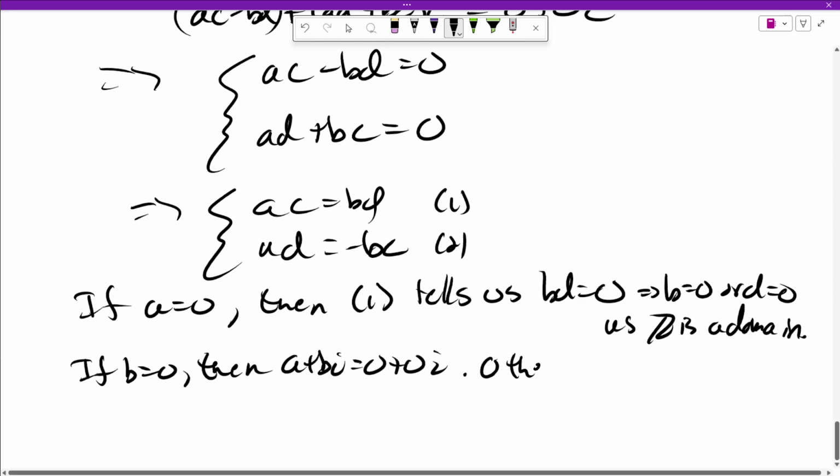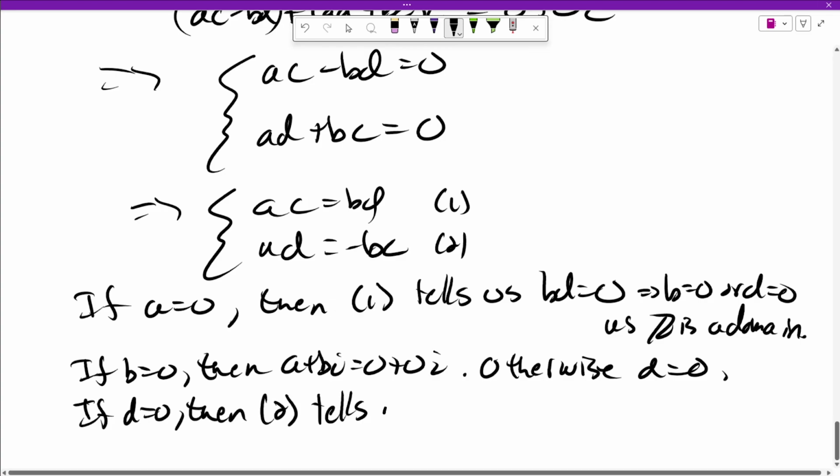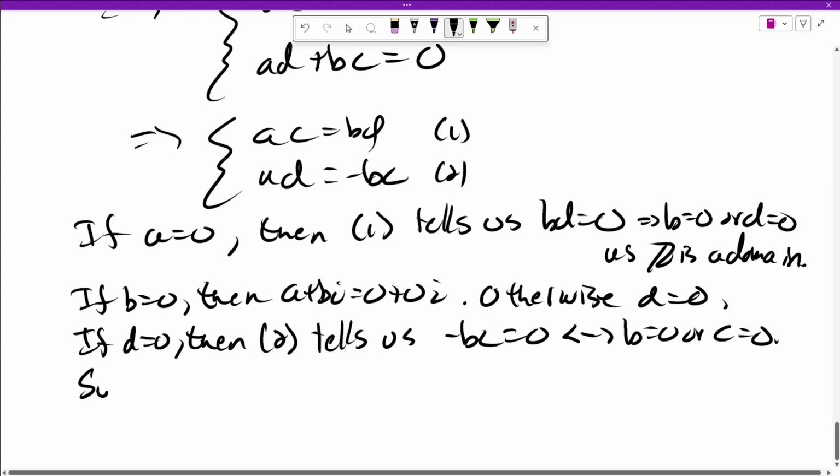Otherwise, d is equal to 0. If d equals 0, then 2 tells us that negative bc is 0, or equivalently, b is 0 or c is 0. Well, if b is 0, we're done. We already said that. So if c is 0, then c plus di is the one that's 0, and we're done.